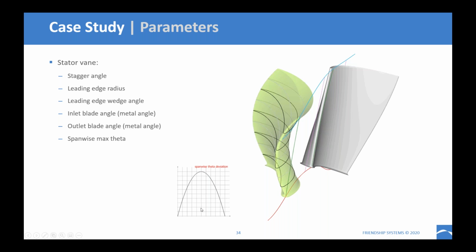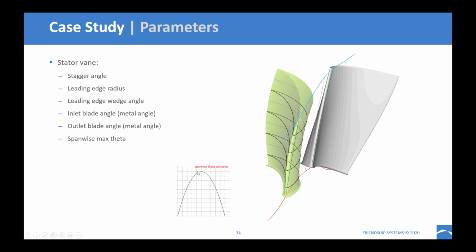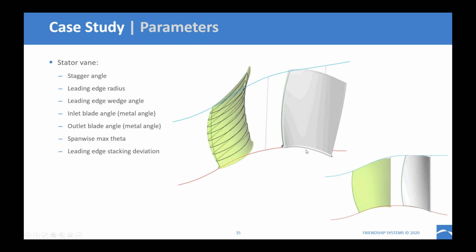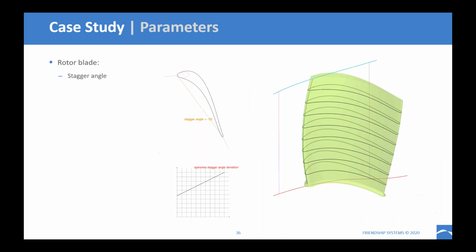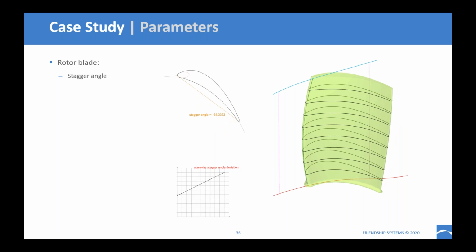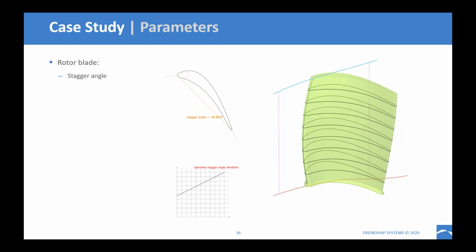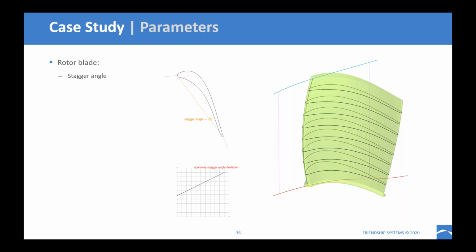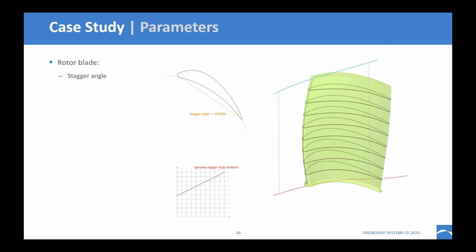And again, we're using a multiplier to fully take this bow into account or not. And then we finally have a parameter that controls the shape of the leading edge stacking line. And then we have basically the same set of parameters for the rotor blade as well.